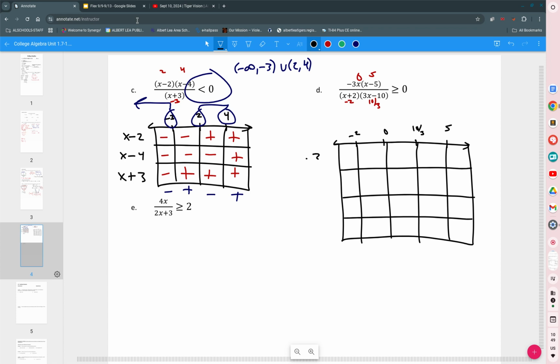I put the -3x. I put the x minus 5. I put the x plus 2. I put the 3x minus 10. I want you now to see if you can try to come up with the positives and negatives and answer the problem. Go ahead. I believe in you. You're super smart.